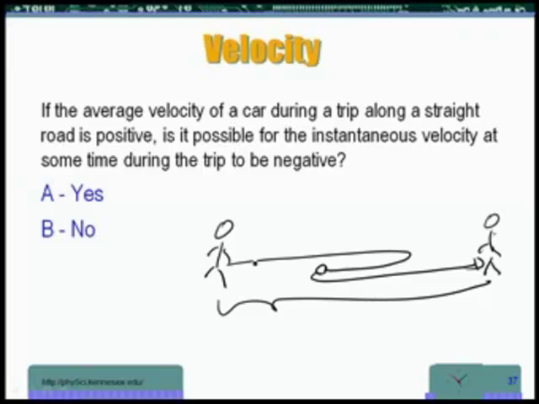Time is Tf minus Ti, the overall time. When we calculate the average velocity, we don't care how we get there. So in this case, was the velocity at any instant negative? Okay, here it is positive, he was moving in the positive direction, but here the velocity is negative. So it is possible for the instantaneous velocity to be negative while the overall velocity is positive.